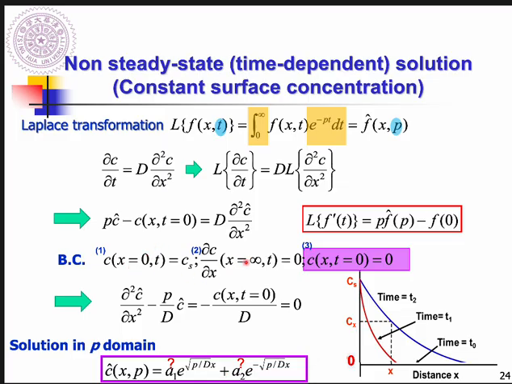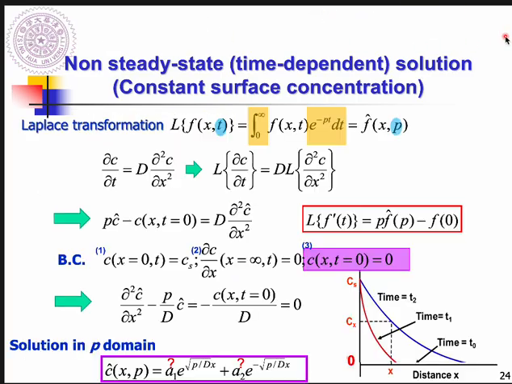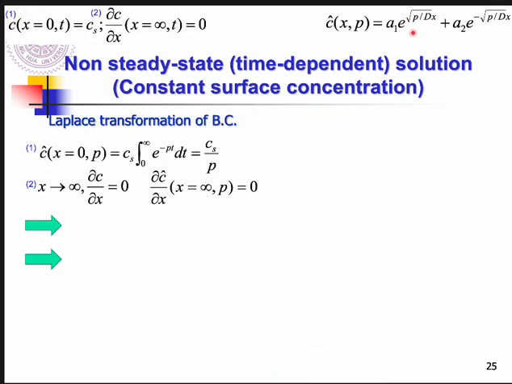So next, I'm going to copy these two boundary conditions here and also copy the solution I just formulated. Because this is the solution in P domain, and this is a boundary condition in T domain, I need to convert the boundary condition in T domain to P domain, then use them.